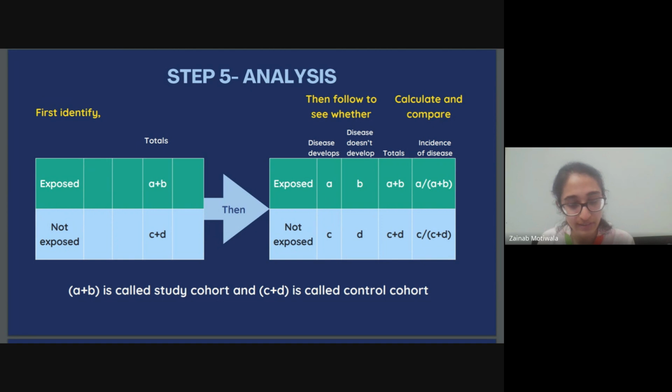In this example, the incidence in the exposed would be A upon A plus B. Among the not exposed, those who developed disease were C, while the total not exposed population was C plus D, so it would be C upon C plus D. And when we take a ratio of the two, it would be A upon A plus B divided by C upon C plus D. But instead of just learning this formula, it is much more beneficial to understand how we come up with it. It is the incidence in the exposed divided by the incidence in the not exposed population.